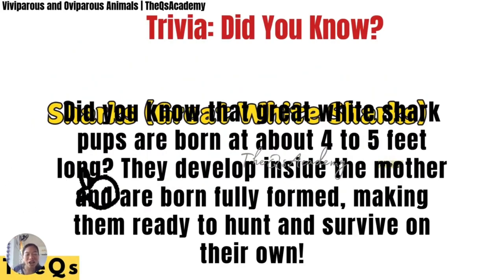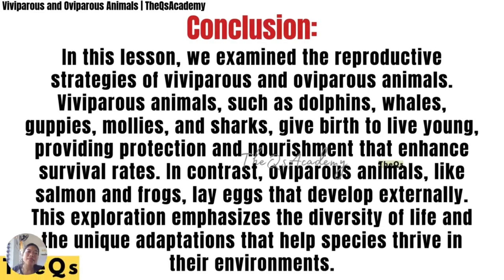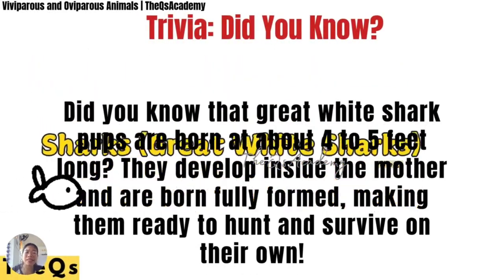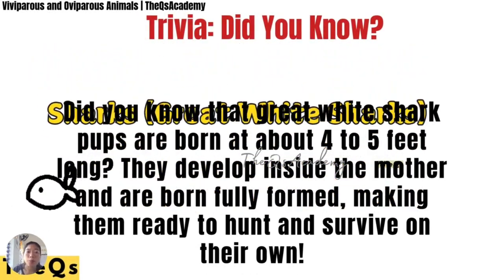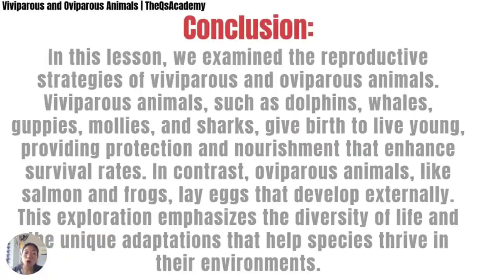Great white shark. Did you know that the great white shark pups are born about 4 to 5 feet long? Yes, and they develop inside the mother and are born fully formed, making them ready to hunt and survive on their own.